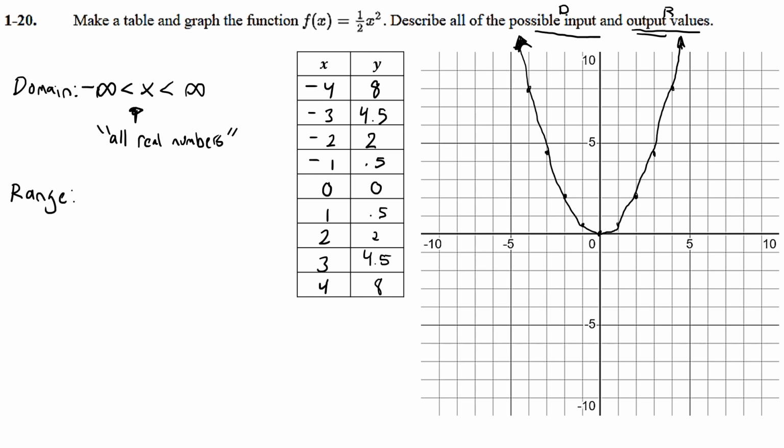Now the range, we can clearly see this graph does not go up or down forever, but it does go up forever. So we're looking for that lowest y value that exists on the graph, which is right here. That's the point (0, 0). So this is the lowest y value, which means because the graph is increasing in the y direction, we say y's have to be greater than 0, but since 0 is on the graph, we also let it equal that.